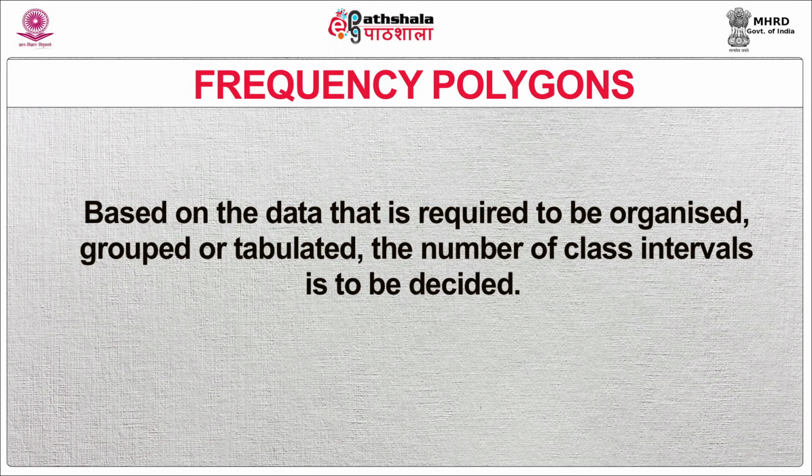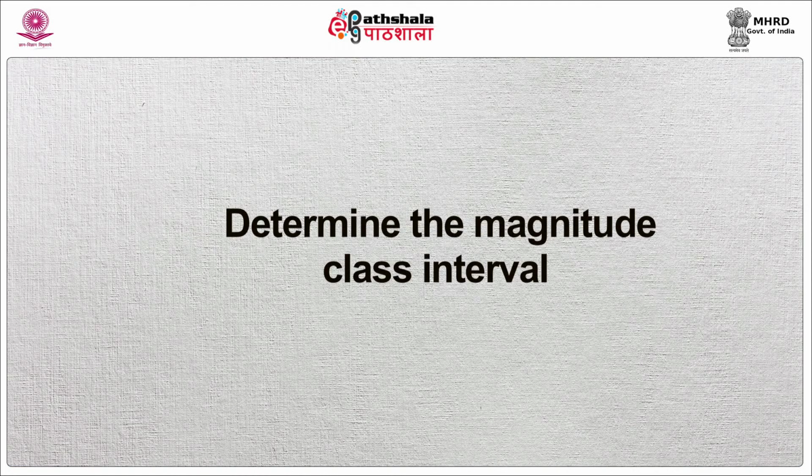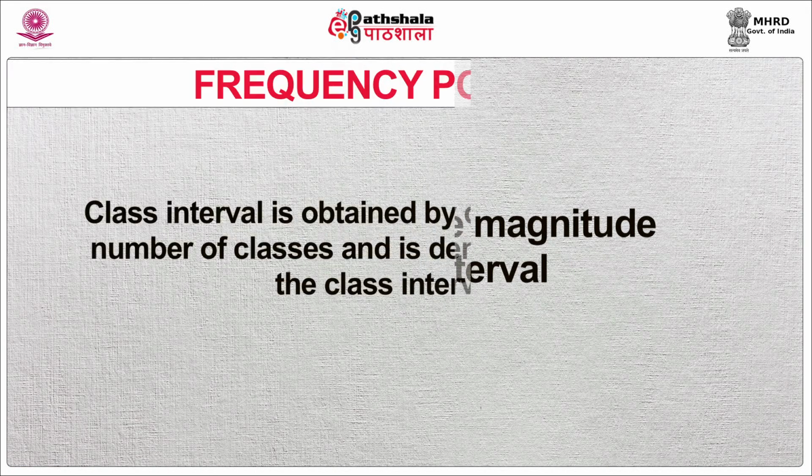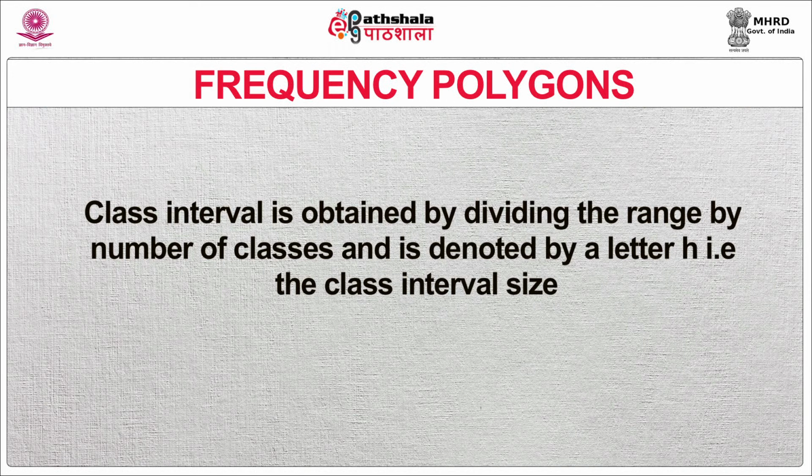There is no fixed rule to decide the number of classes into which data is to be divided. Thirdly, determine the magnitude of the class interval. The class interval is obtained by dividing the range by the number of classes and is denoted by the letter h, that is the class interval size. In case of a fraction, the next upper value is taken as the size of the class interval.